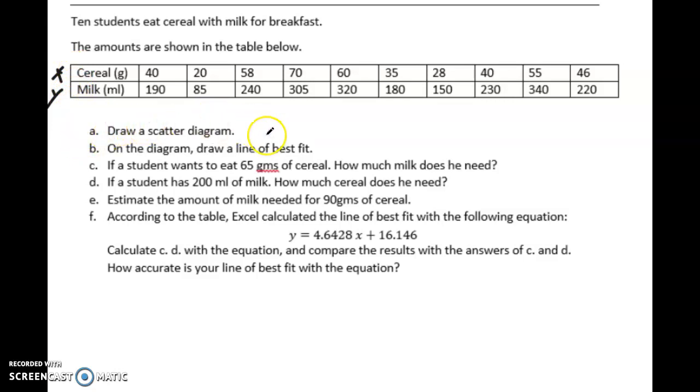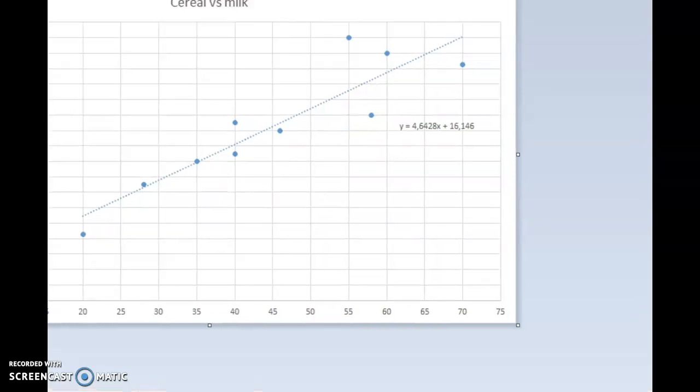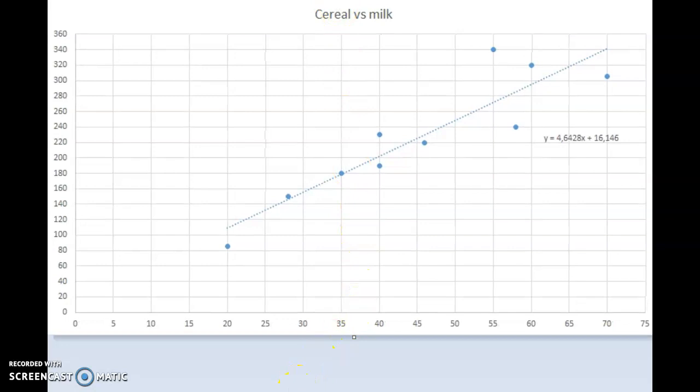The scatter diagram, remember that we saw that it has to be in a scale that we need. It has to be coherent with the information that we have, and in this case, I can draw this scatter diagram like this.